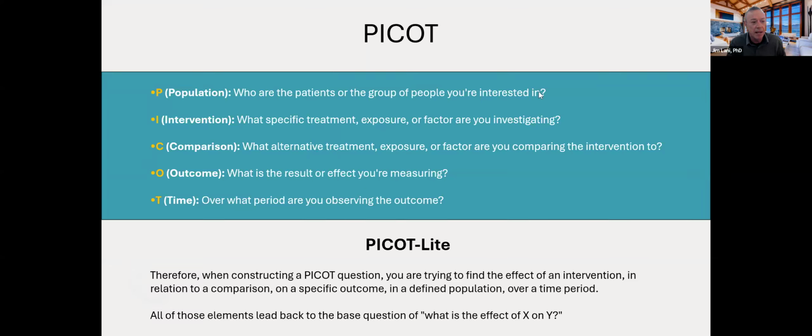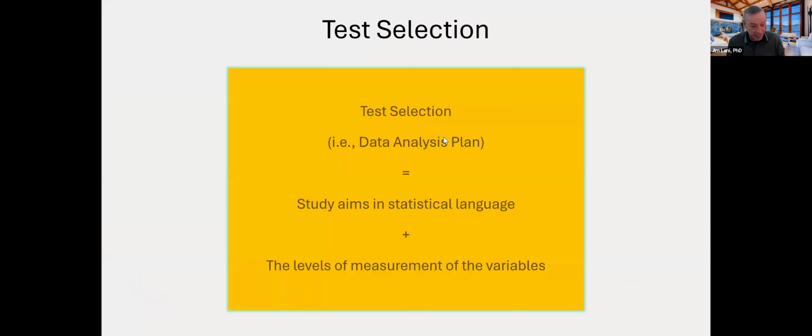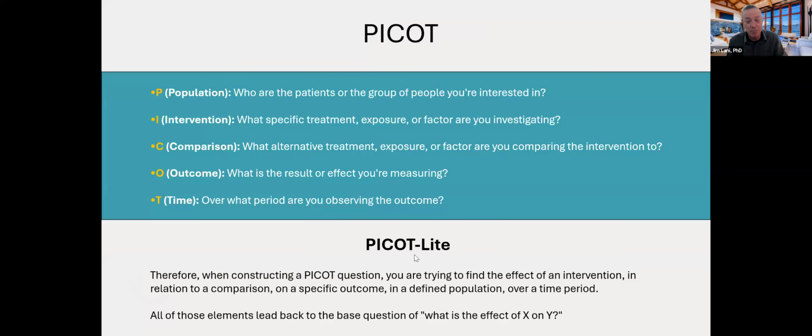That's not going to go away, and it's useful to have one statement that includes all of those. However, when you want to get to that data plan, I call it a PICO light. Just tell me the variables and tell me the relationship.